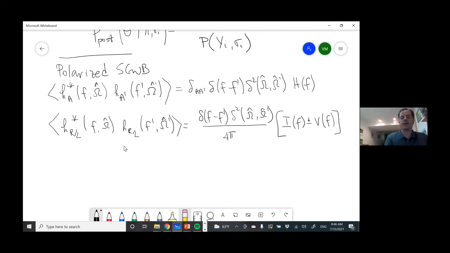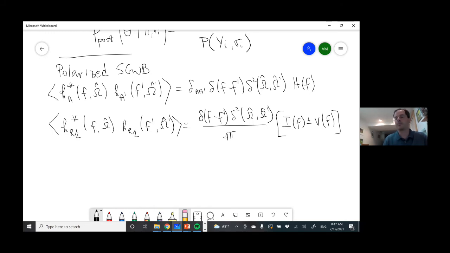Okay, so if we have both amplitudes being the right polarized wave, then the result here will be I of f plus V of f. If we have both of these amplitudes being left polarized waves, then on the right hand side we will have I of f minus V of f.